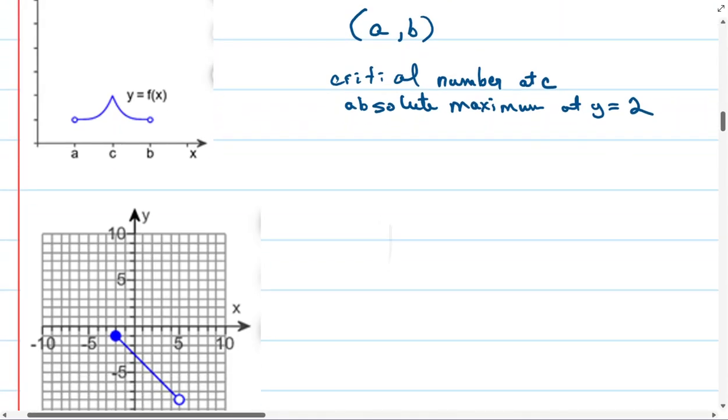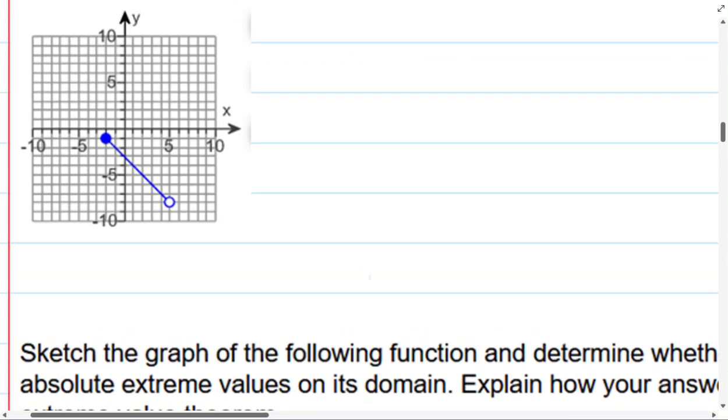All right. Well, I have another one. Now, in this one, we have a what? Yes. And it's a line. So in this case, it is continuous and it is defined at, what is that, -2 and 5.